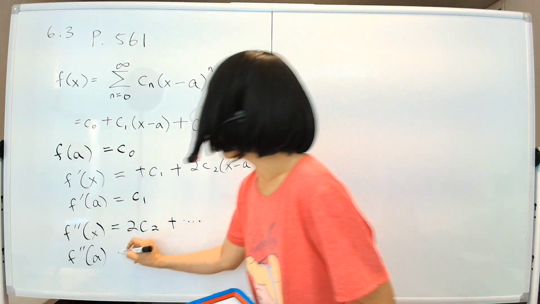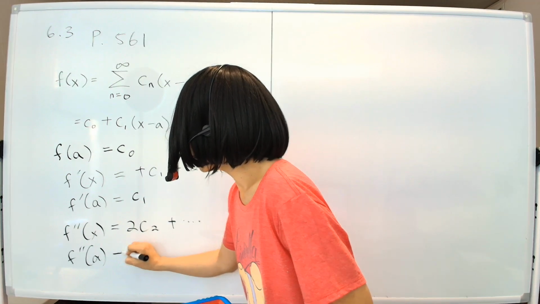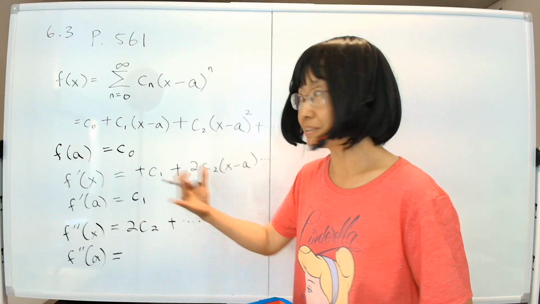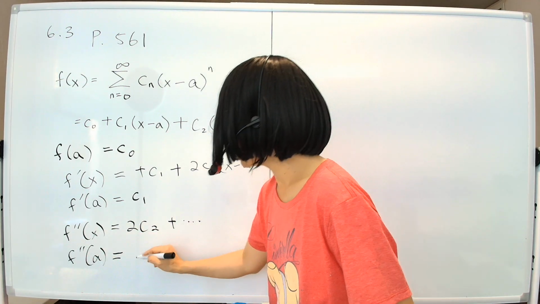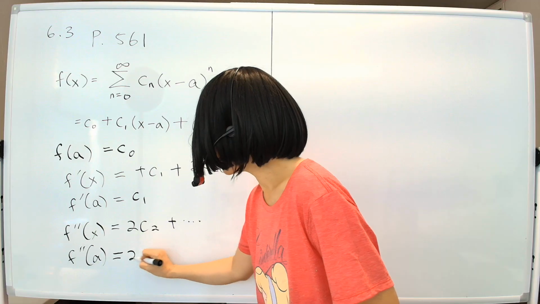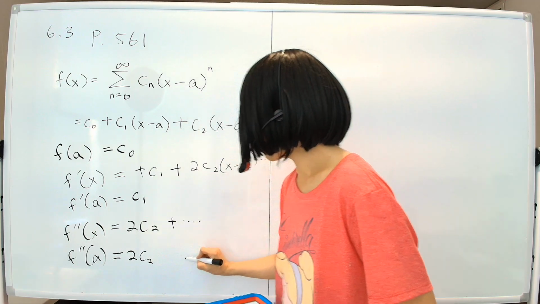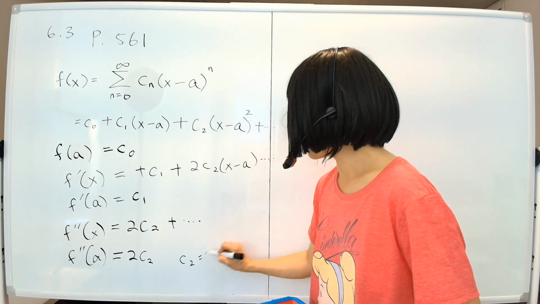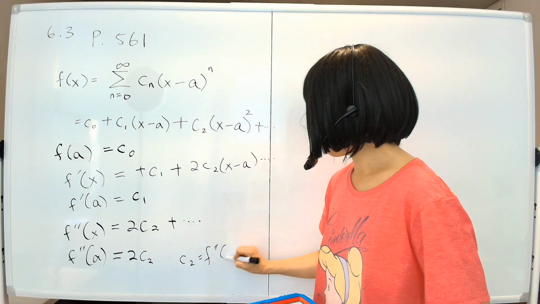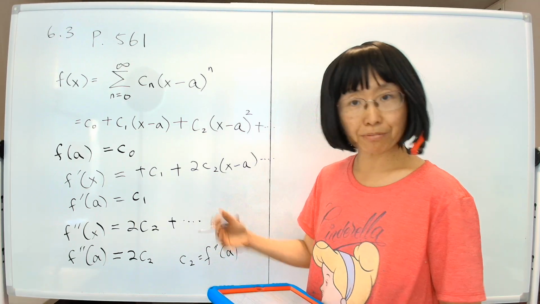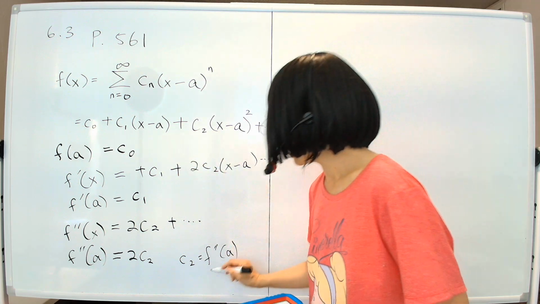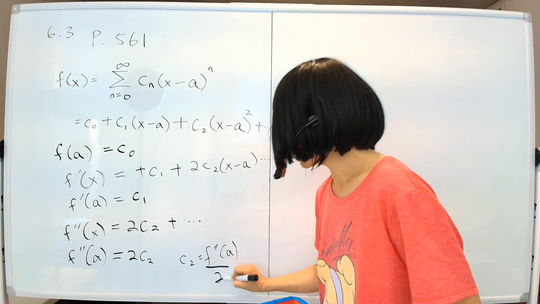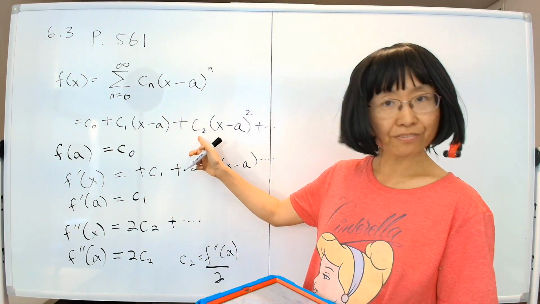Anyway, so assuming f is all perfect and differentiable, then f double prime at a, which we can evaluate, will be equal to 2c2, which means we can calculate c2 equals f double prime of a, which we're able to do if you are patient enough to calculate the second derivative of this thing, and divide it by 2. See, then we know what the second coefficient is.